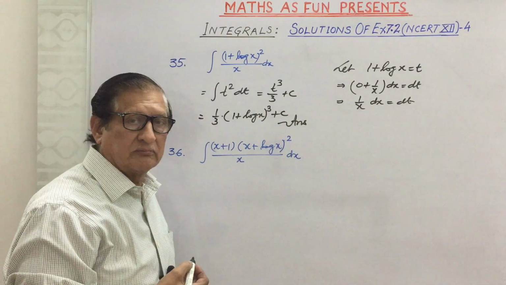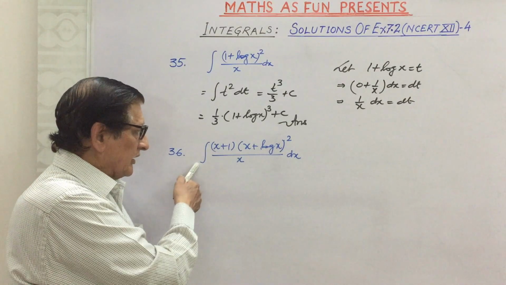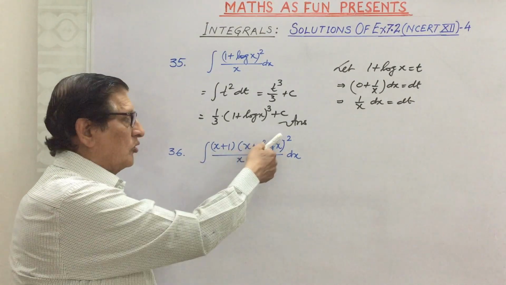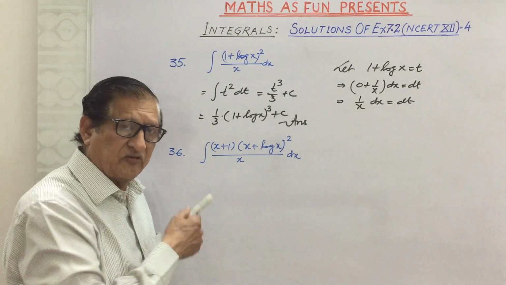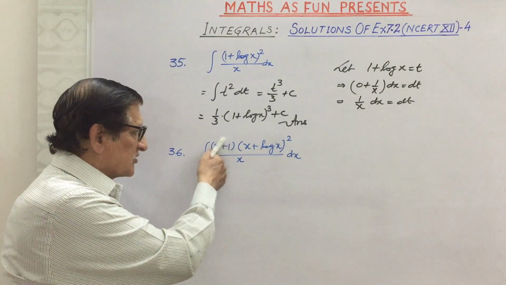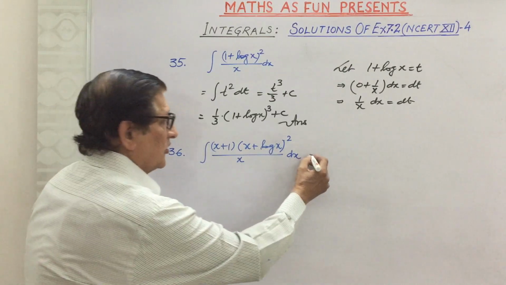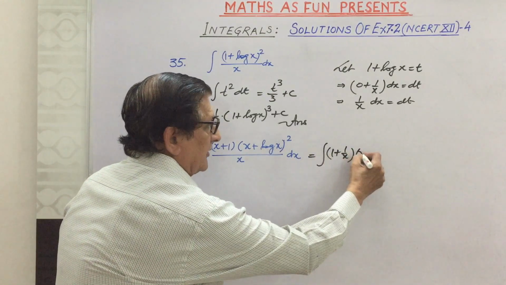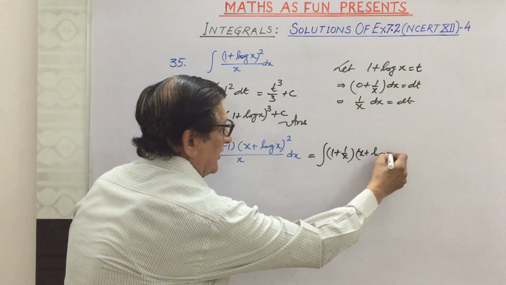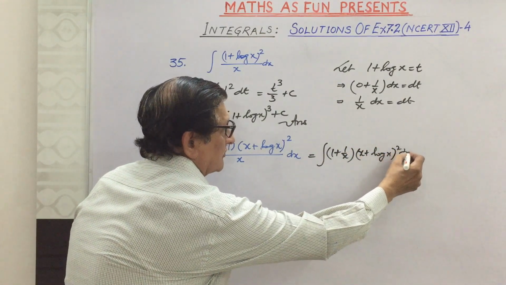36th question is the integral of x plus 1 into whole square of x plus log x upon x. What do we find here? If we divide this x plus 1 by this x, we get here 1 plus 1 upon x into x plus log x whole square.